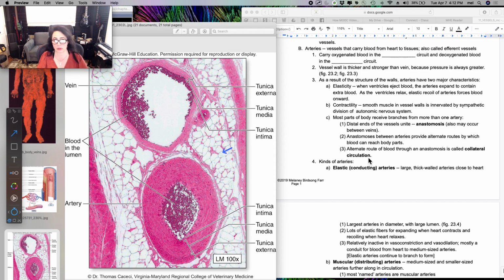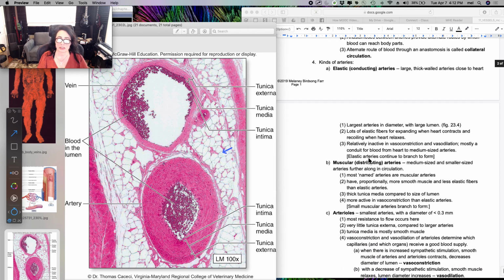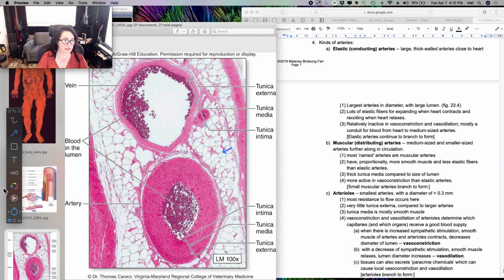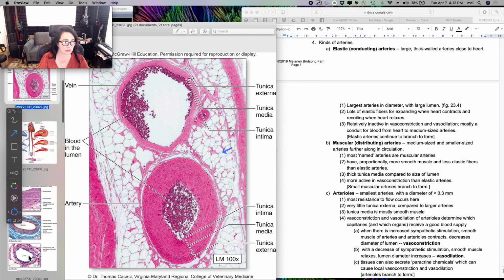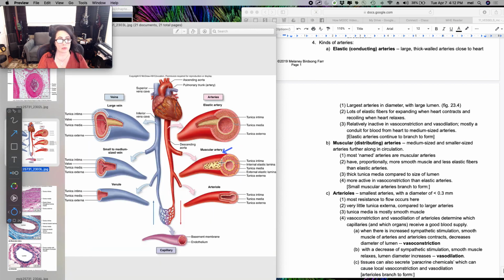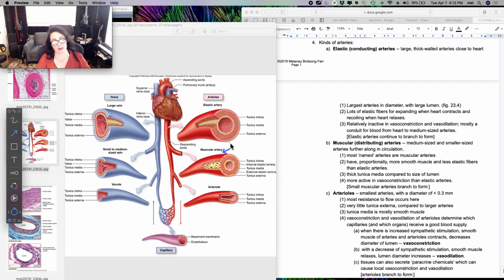Okay, so let's talk about the kinds of arteries that exist, and we'll go through this relatively quickly. As you move away from the heart, the arteries are going to get smaller, of course, but they are also going to act slightly differently. The artery that's closest to the heart, if we're looking at systemic circulation, would of course be the aorta.